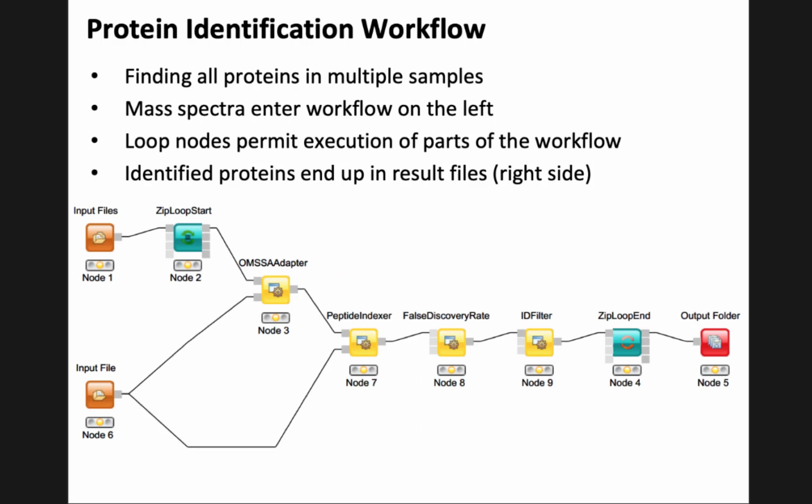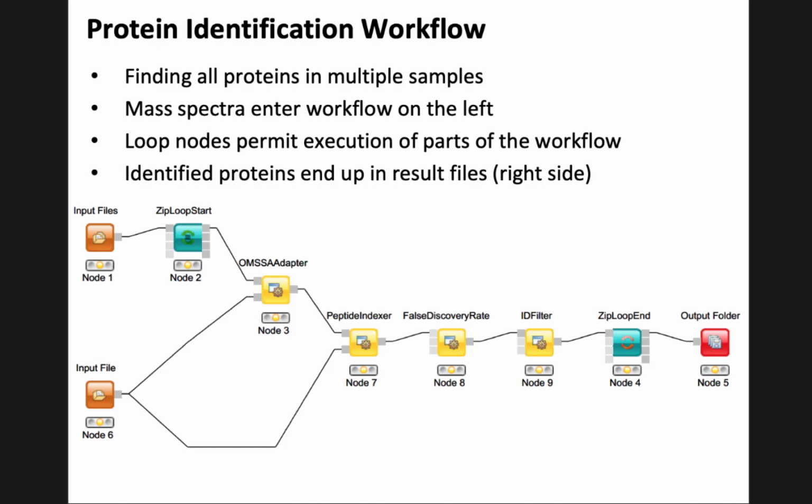And that's a simple first proteomics workflow. That's an identification workflow that illustrates another concept, and that's automation, looping. You know from programming languages that there's something like looping. We can do that as well. This workflow, for example, takes a whole set of files, like 1,500 files that you measured, each containing a proteomics data set. And the zip loop start here defines the start of this loop.